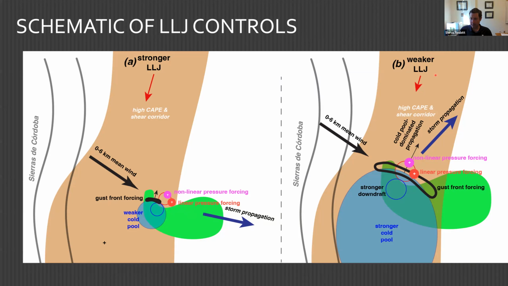But in the weaker low-level jet case, we end up seeing very strong, wide cold pools, and these are deep cold pools as well, that produce these slab-like updrafts that lead to wider convective cores and more vertical mass flux, which feeds back into producing more strong cold pools. That also leads to very rapid upscale growth of the convection into broader convective systems.